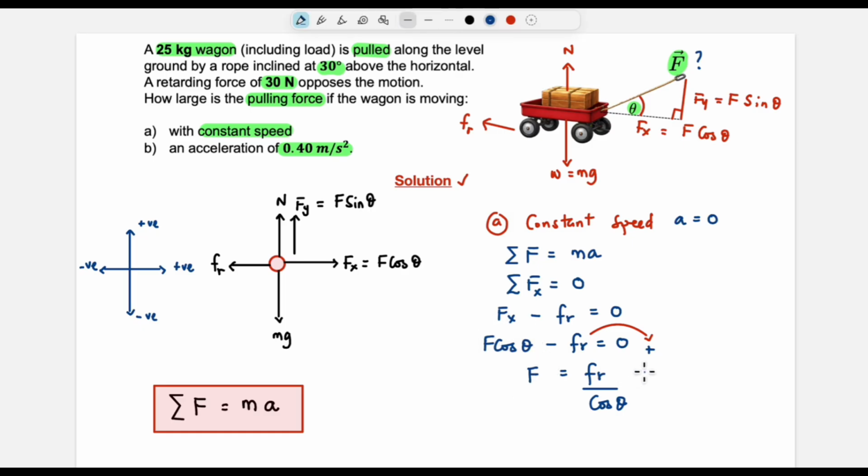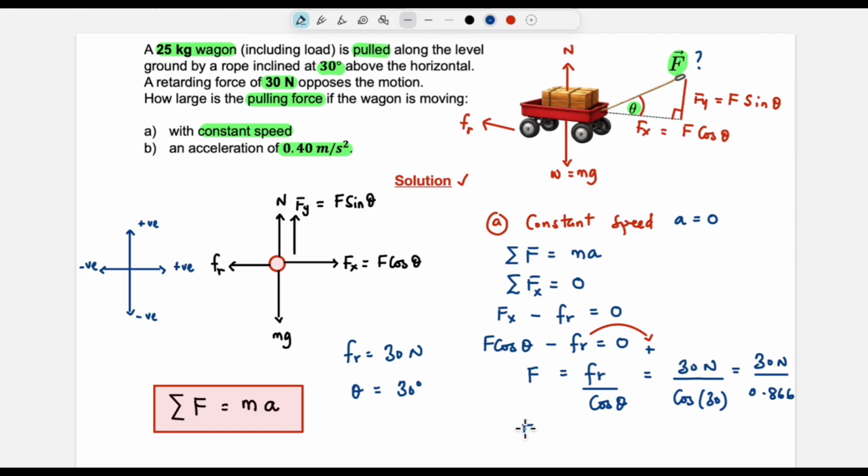Now we can plug in the values since we know the retarding force Fr to be given as 30 newtons, and we know theta to be given as 30 degrees. So we have 30 newtons in the numerator divided by the cosine of 30 degrees. That is going to give us 30 newtons divided by 0.866.